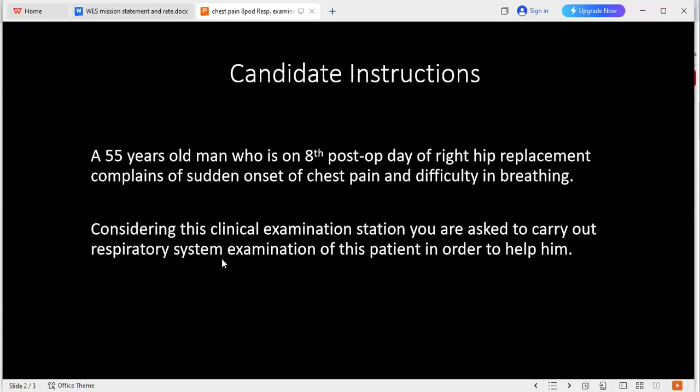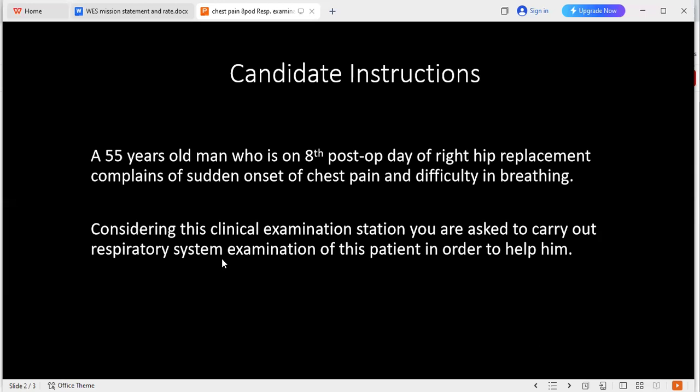In examination, I'll go by inspection first. I'll inspect the upper respiratory tract near the trachea, whether it is in the midline or not, and the respiratory movement, whether the breathing is diaphragmatic or not.